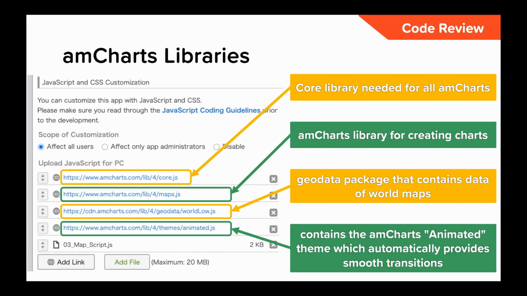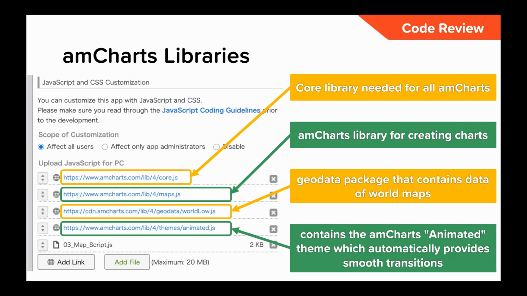The first script that we referenced is the core library that's needed for all amCharts exhibits. Then we needed the specific library for creating the charts that we were after. This is the maps library.